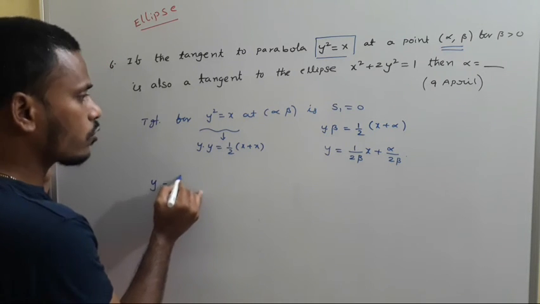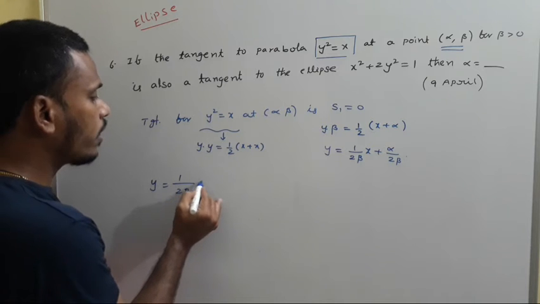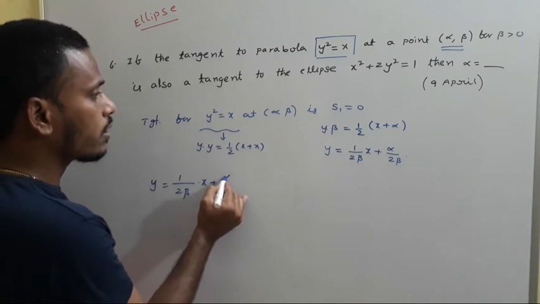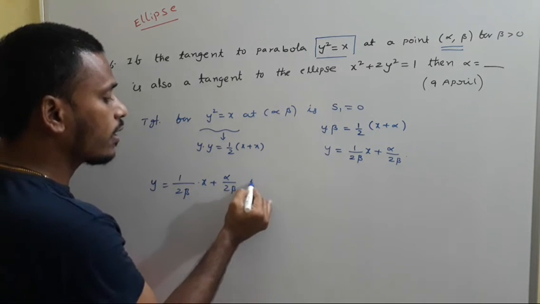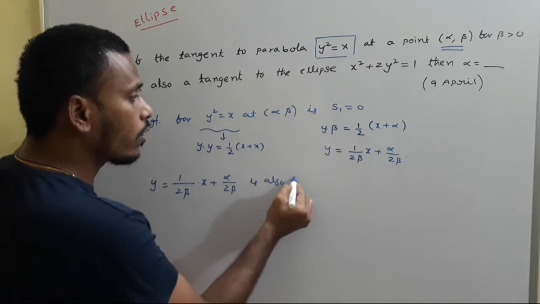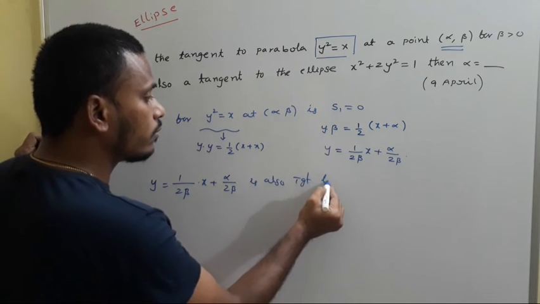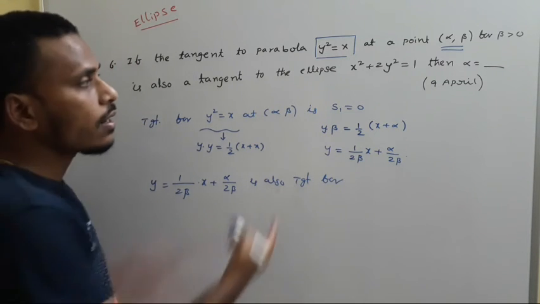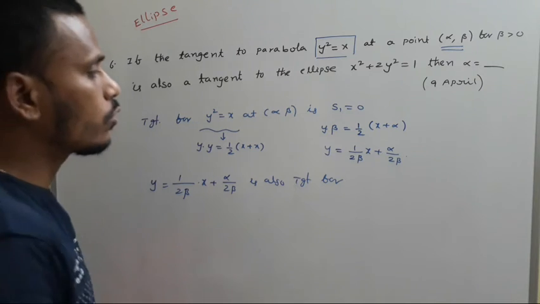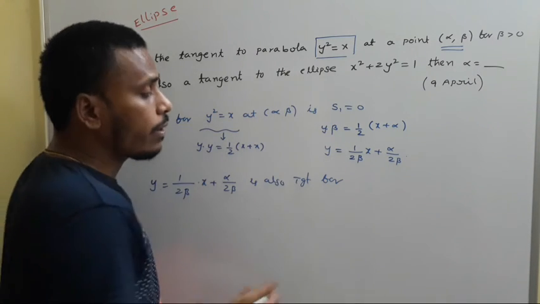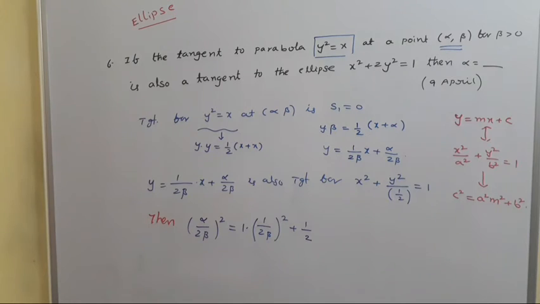This y equals 1/2 beta into x plus alpha by 2 beta is also a tangent for x square plus 2y square equals 1. So the standard parabola and ellipse format.